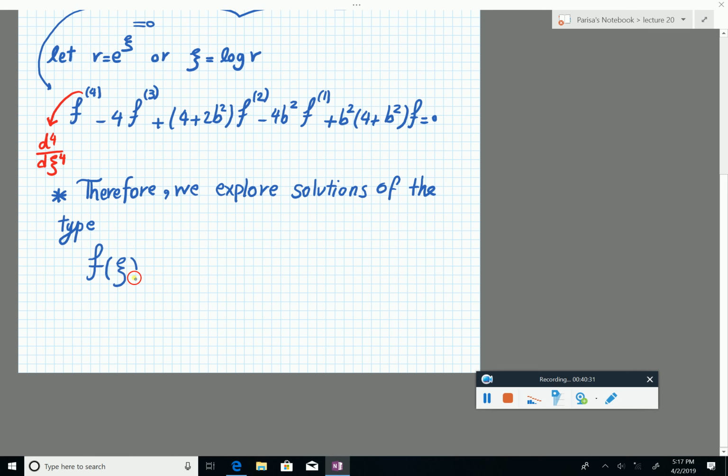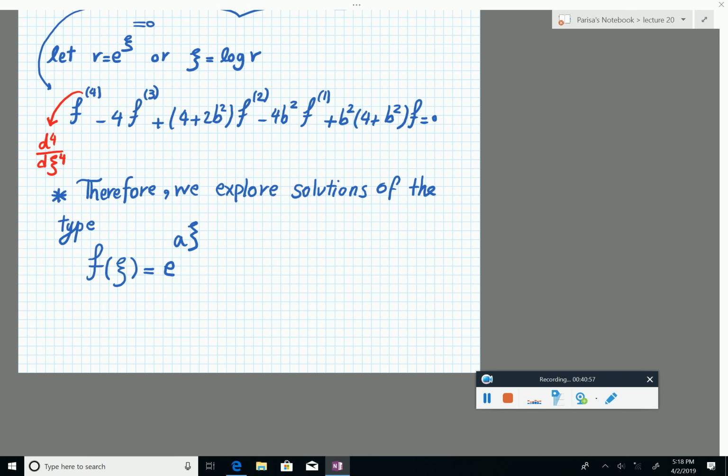And now we view f to be a function of not r anymore, but c, and this is e to the power of xc. And then what do you do? You substitute this into the equation and you get a characteristic equation back, right?